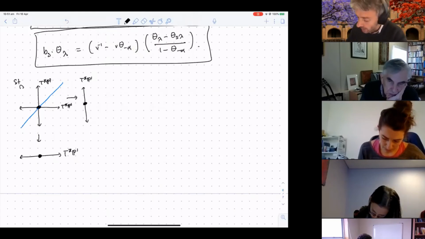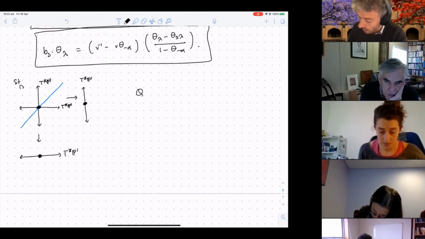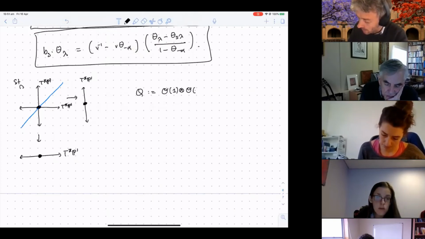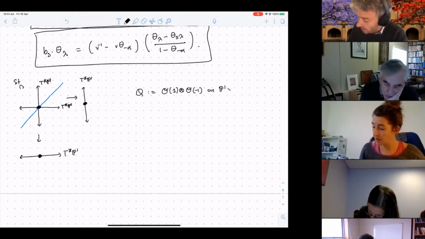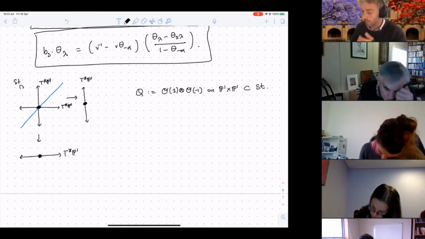And what I want to consider is the following line bundle, the following coherent sheaf Q, which is defined to be, what did I want to take? O of 1 on P1 times P1. And we regard this as sitting inside the Steinberg variety.